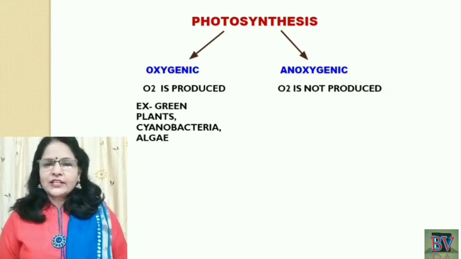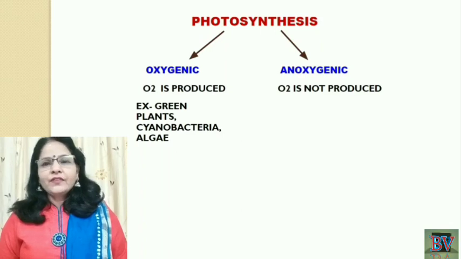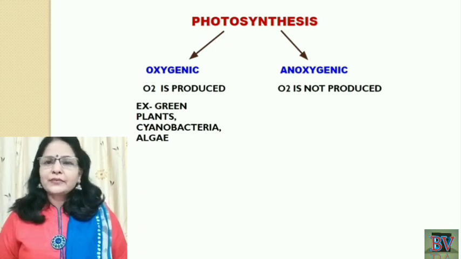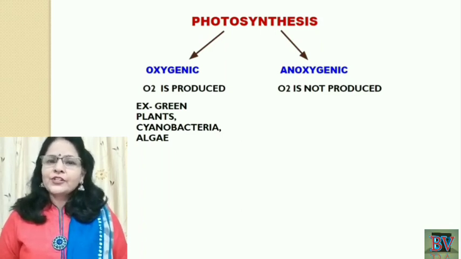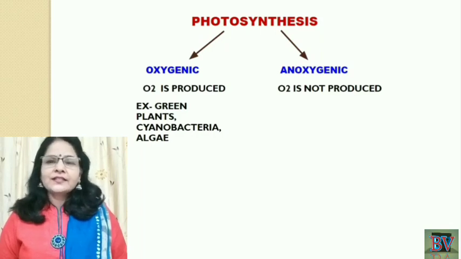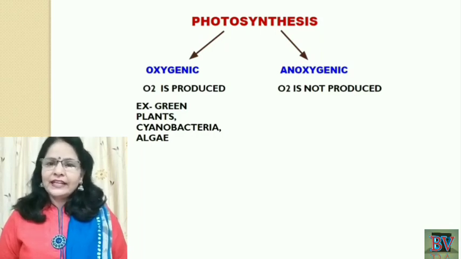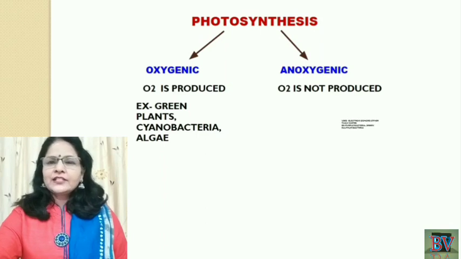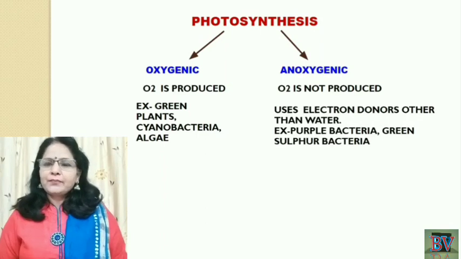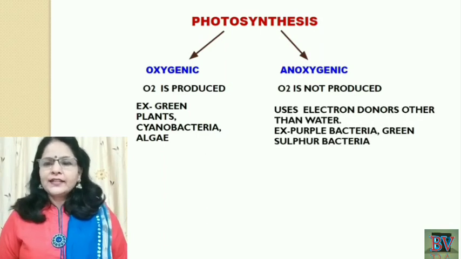Examples of oxygenic photosynthesis are green plants, cyanobacteria and algae. When we talk about photosynthesis, generally we are talking about oxygenic photosynthesis, in which oxygen is released. In anoxygenic photosynthesis, examples are purple bacteria and green sulfur bacteria.